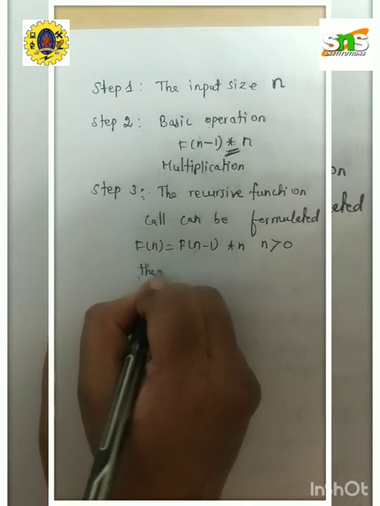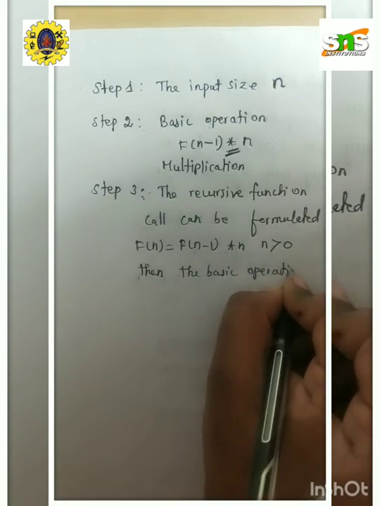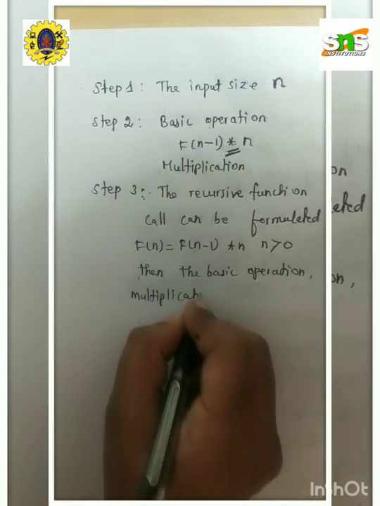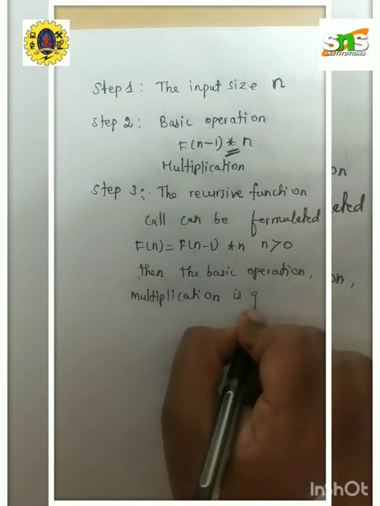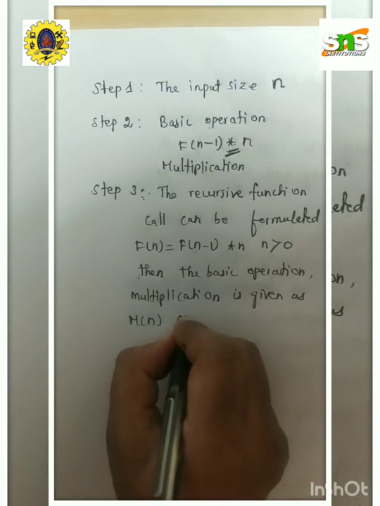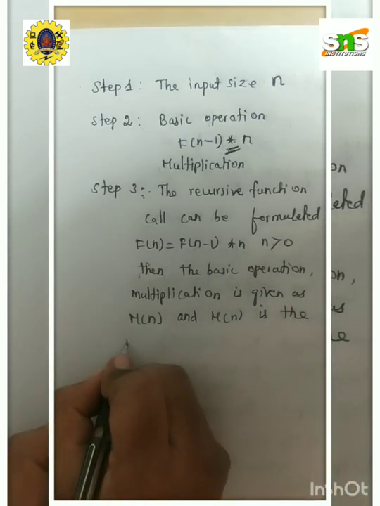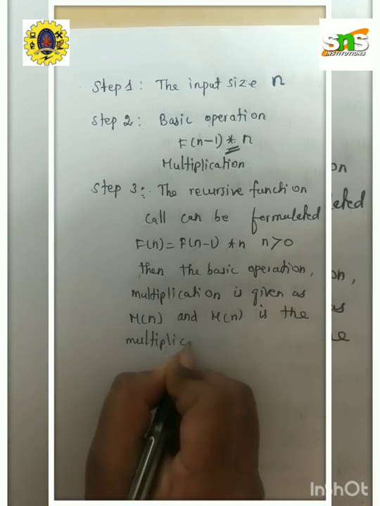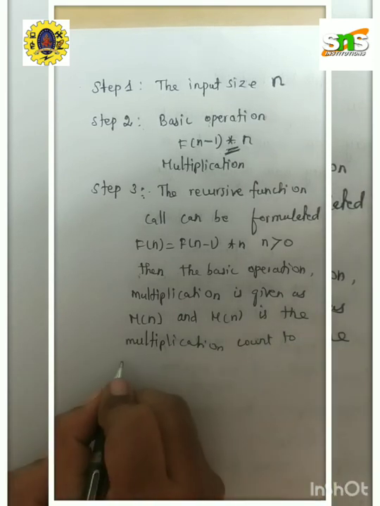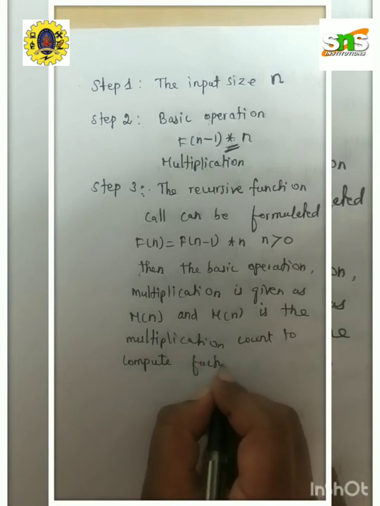Then the basic operation, multiplication, is given as m of n, so I am writing it as m of n, and m of n is the multiplication count to compute factorial of n.